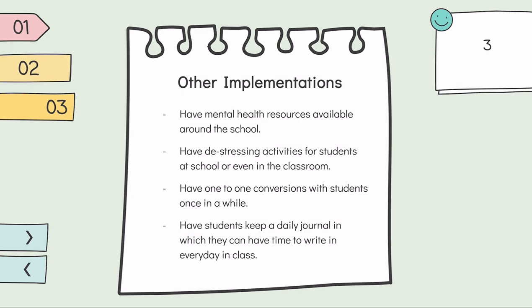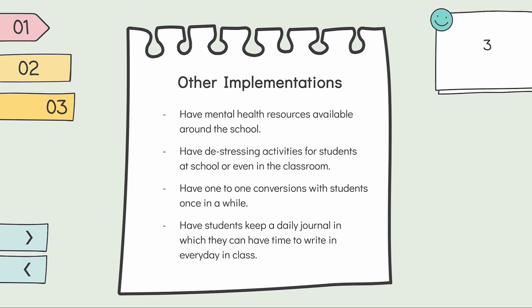And if they don't have these certain resources available, they won't be able to get help basically. And another thing you could do is have de-stressing activities for students at school or even in the classroom, which can be some small fun activities teachers can do here and there, just to make sure the students are having fun as well.